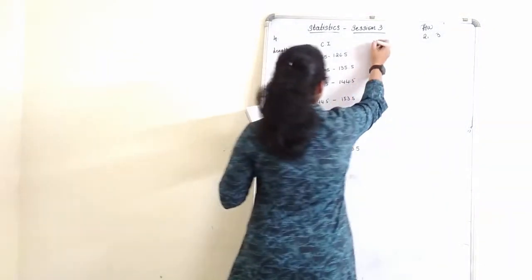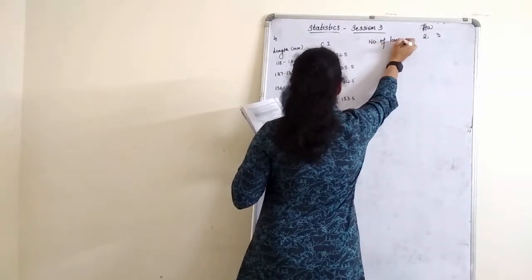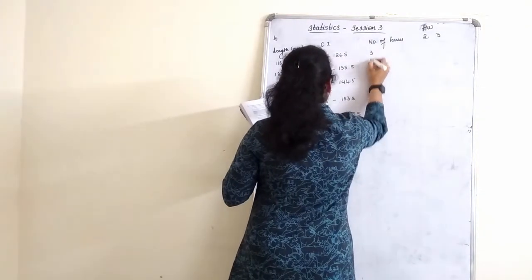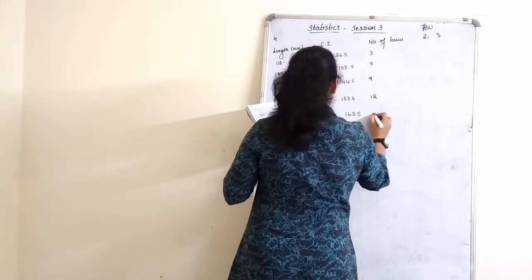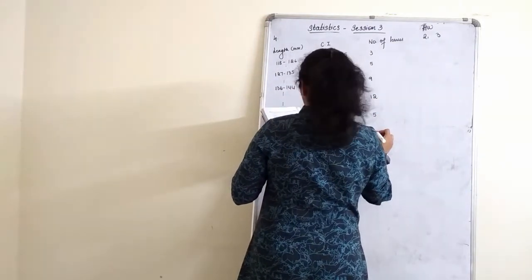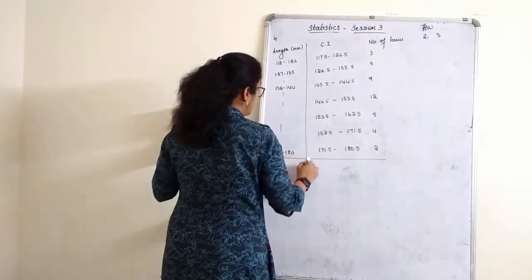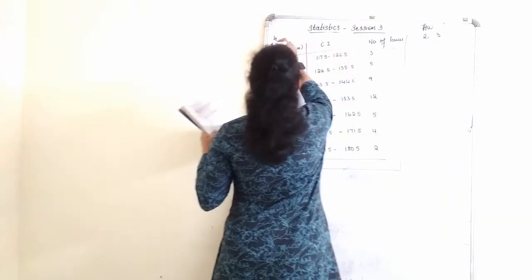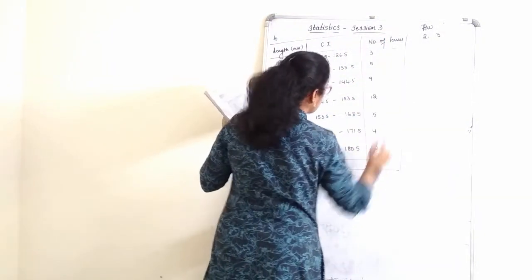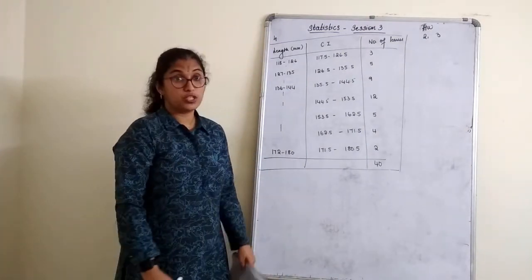The next column is the number of leaves: 3, 5, 9, 12, 5, 4, 2. This should always be in the tabular column. When you add this, you have to get 40. This is our frequency distribution table, which is ready.